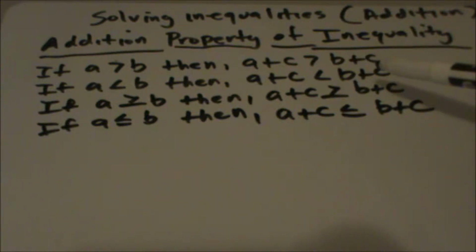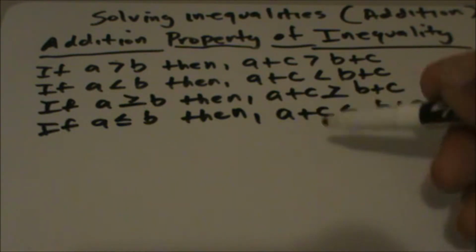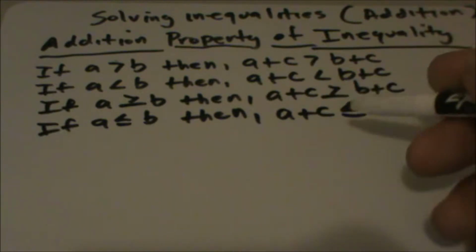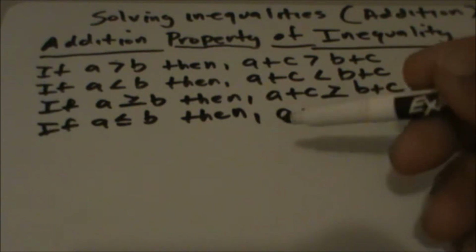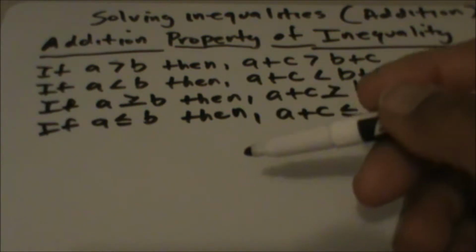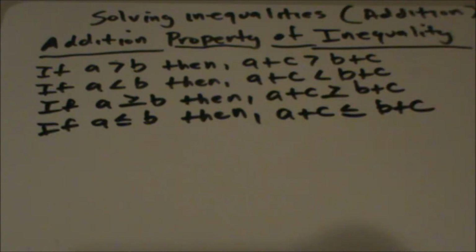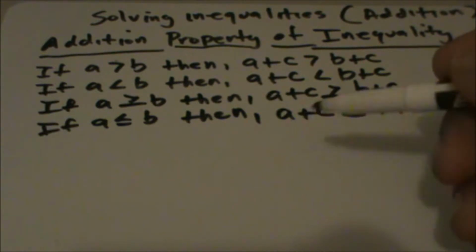In this case, you add it on both sides. This should be familiar because when you have an equation like x plus 5 equals 4, you would subtract on both sides of the equation sign. If you had x minus 5 equals 6, you would add 5 on both sides. So it's just showing you that demonstration.